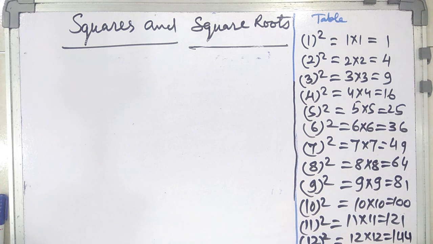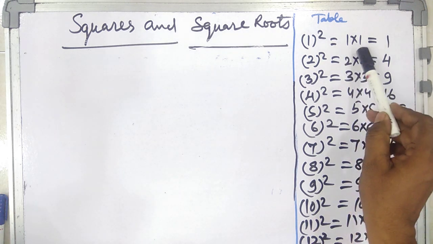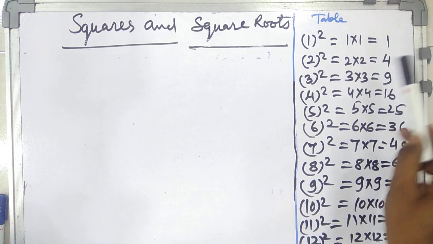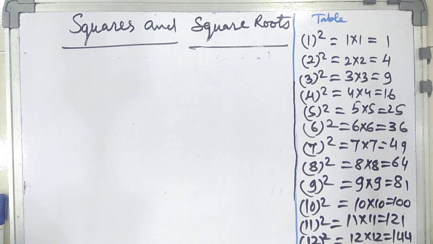So students, what is special about these numbers? 1 into 1 is 1, 2 into 2 is 4, 3 into 3 is 9, and so on. All such numbers can be expressed as the product of a number with itself.